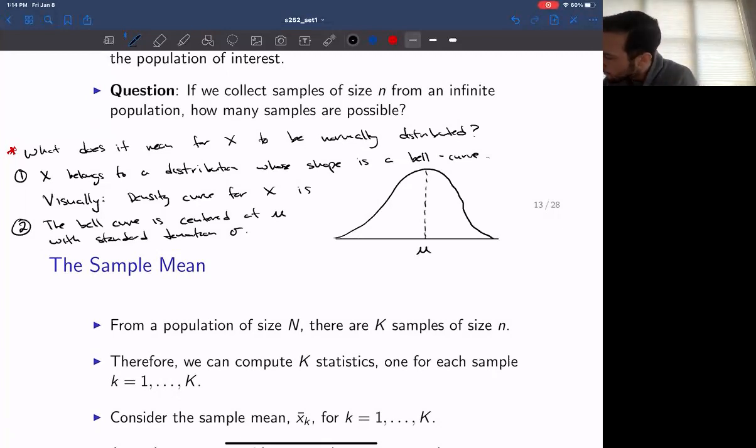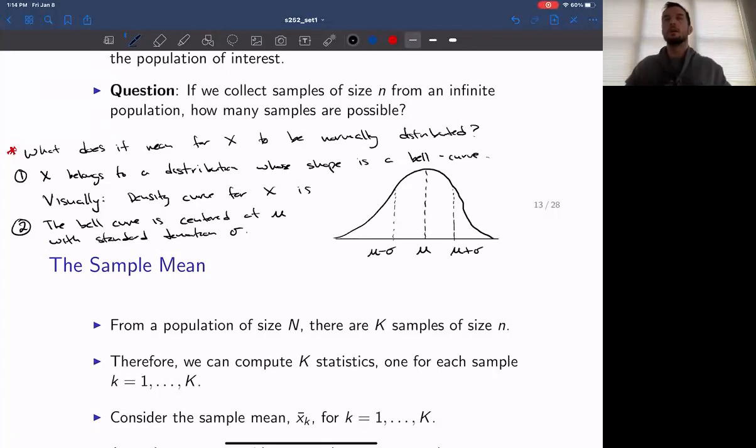And then as we move away from mu in either direction, we have an equal amount of area. So we can actually define the amount of area that exists within one standard deviation of the mean on each side. So for example, here we have 34% of the area. And this is what is called the empirical rule.